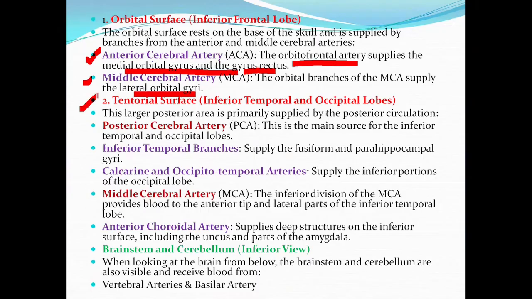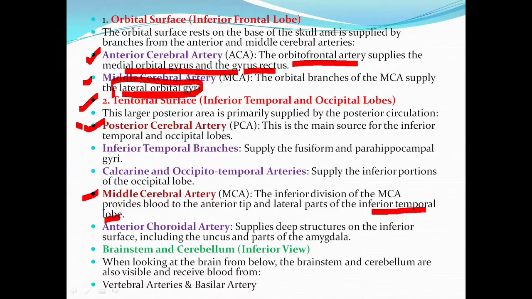Then moving on to the tentorial portion, we have blood supply coming from the posterior cerebral artery and also from the middle cerebral artery. Already the middle cerebral artery is supplying the lateral orbital gyrus. Likewise here also it gives off branches to the inferior temporal lobe.